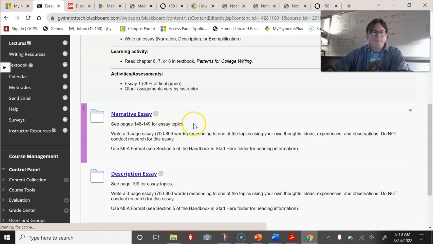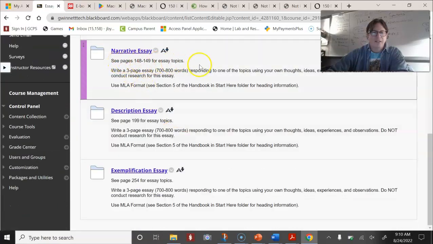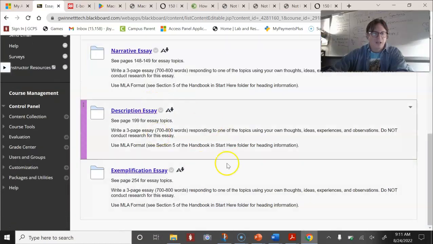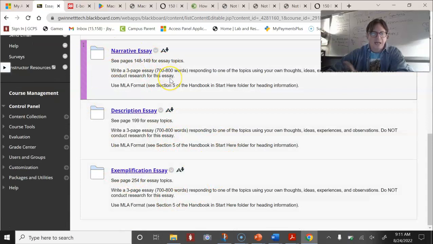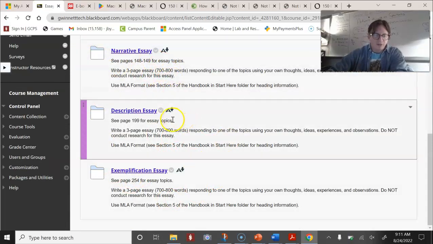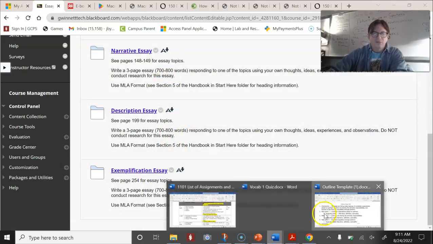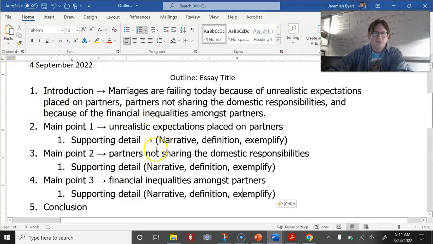Okay, you are going to be writing either a narrative essay, descriptive essay, exemplification essay, or an essay that covers all of them. An essay that has some narrative, some description, some exemplification. Okay, and your outline should reflect what kind of essay it is and what kind of details you're doing.